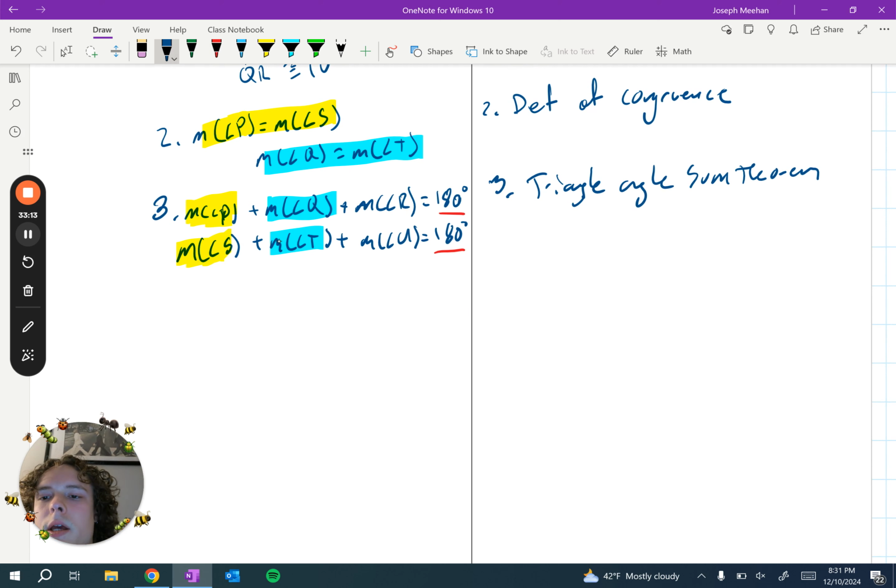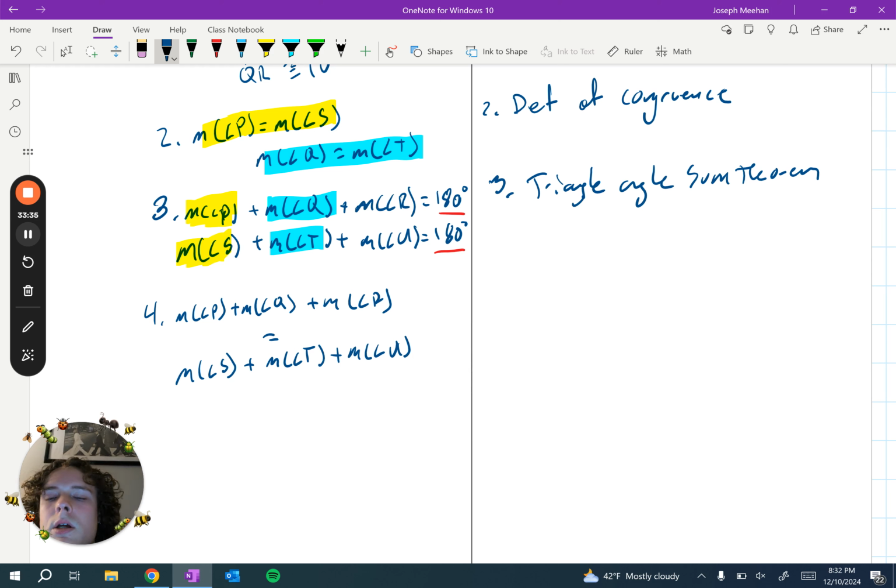So what I want to do is use substitution to say, in step 4, the measure of angle P plus the measure of angle Q plus the measure of angle R equals the measure of angle S plus the measure of angle T plus the measure of angle U. So since both those equations in step 3 equal 180 degrees, we can set those things equal to each other by substitution.